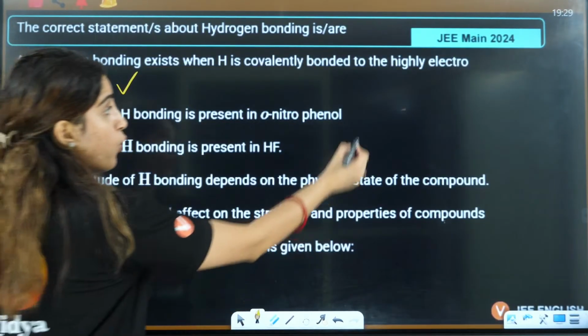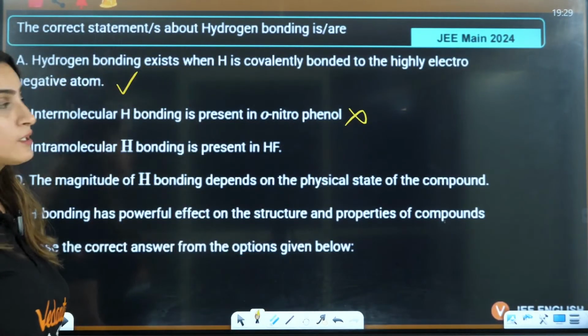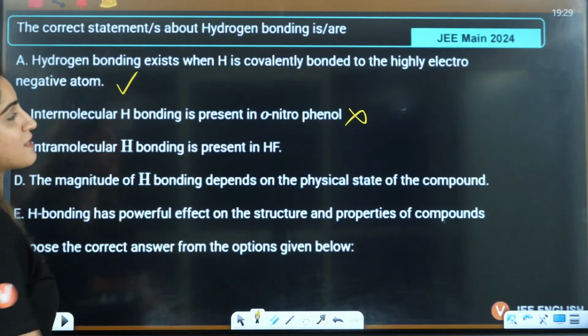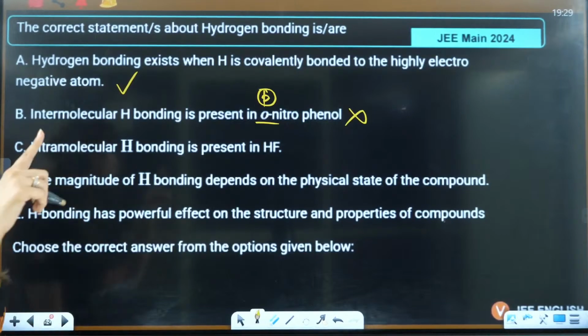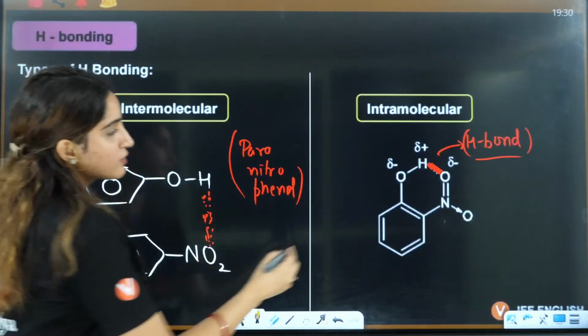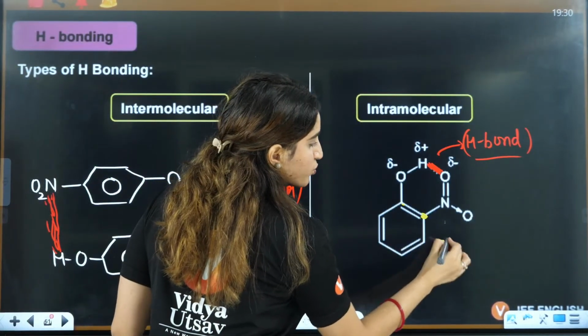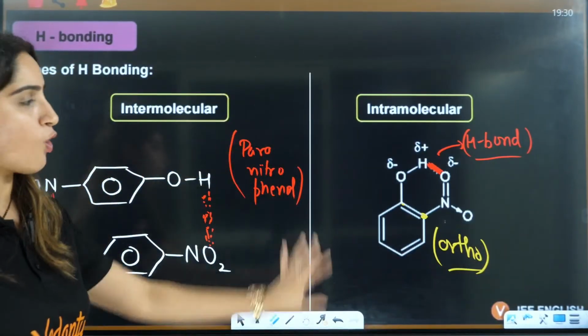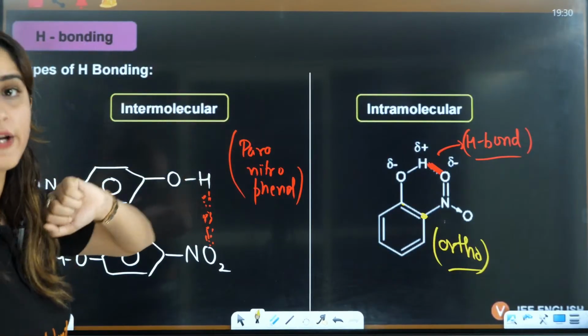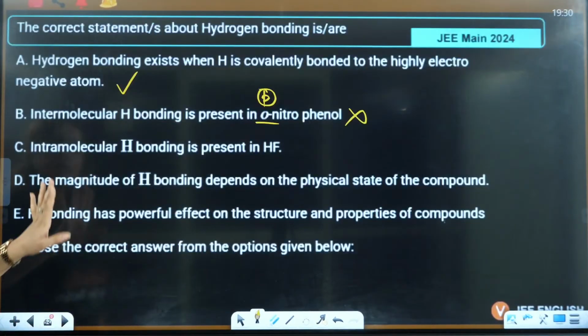Intermolecular, no. Intermolecular is present in para, not ortho. This was ortho, no? This is at the ortho position. So at the ortho position, intra is present, and ortho, para, everything we'll discuss in organic chemistry, right?